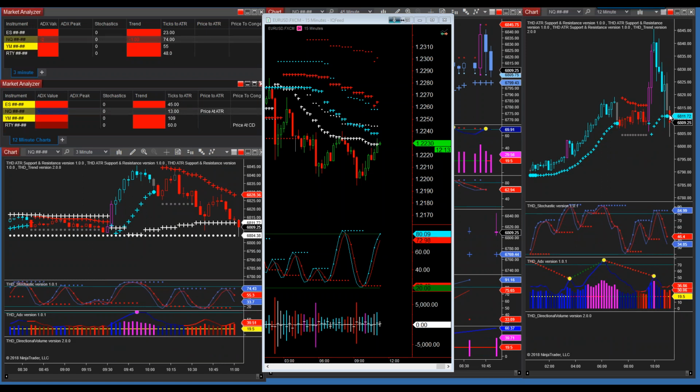Again, you're at the ATR on the 12 minute, but this is pushing down to the ATR on the 45 minute. I would not be taking a long position on that.